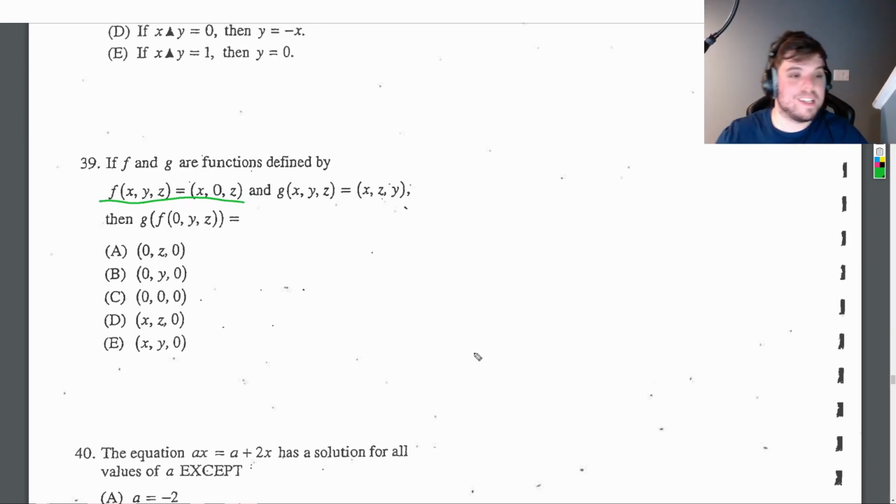It means that f of x, y, z is independent of y, because it's the same as x, 0, z. We won't go into any of the specifics. g of x, y, z equals x, z, y. Okay, so we're looking for g of f of 0, y, z. So f of anything, x, y, z is x, 0, z.